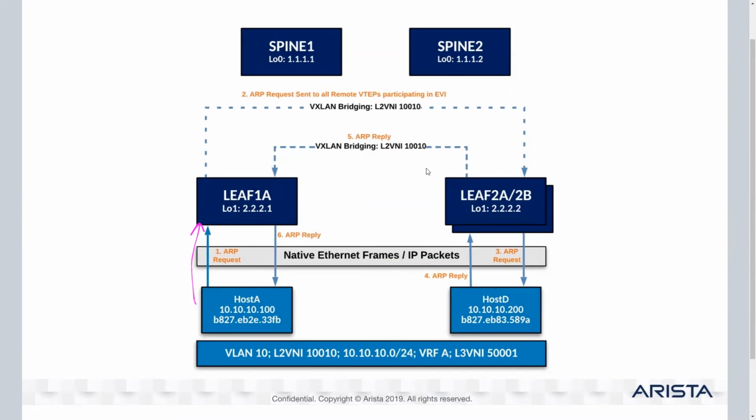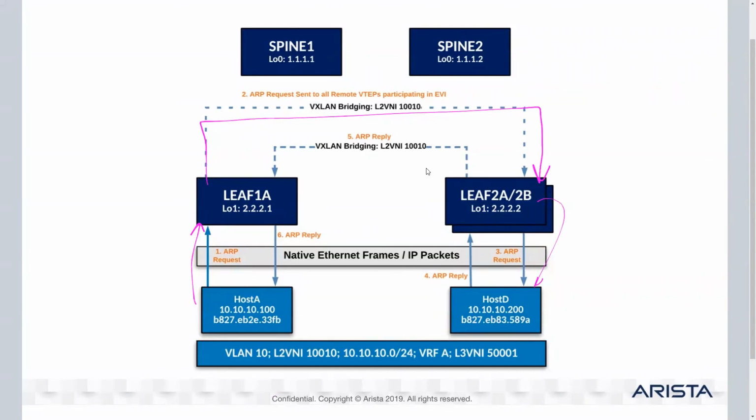So it creates a copy of the broadcast and performs a VxLAN bridging operation, sending it over to the remote VTEPs that have expressed interest in receiving this. Once 2A or 2B receive it, they perform the decap operation and then forward it in the bridge domain they have locally mapped to that L2VNI, which, as we all know here, is VLAN 10.